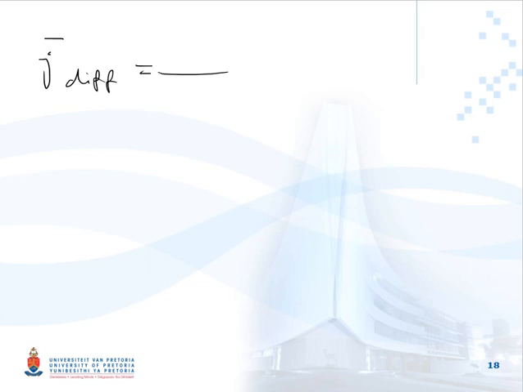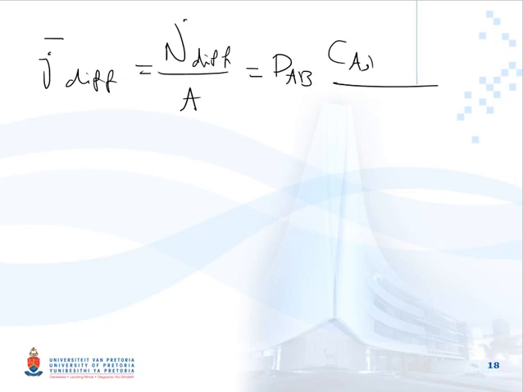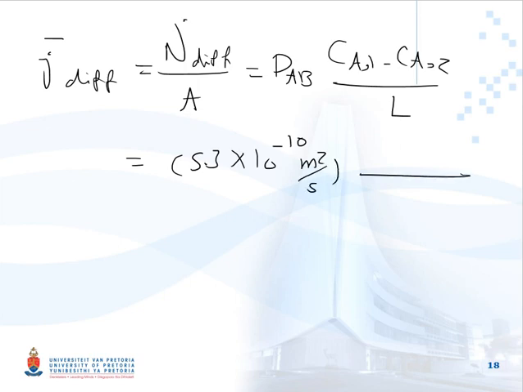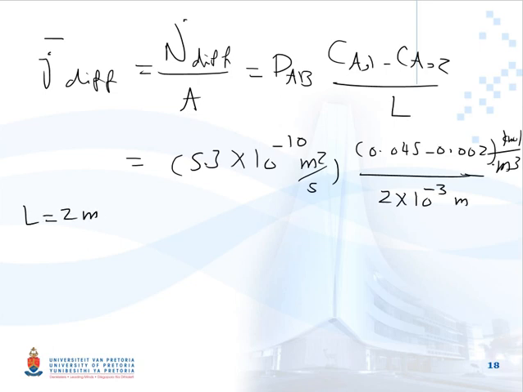The flux J diffusion is equal to N dot diffusion divided by A, which is equal to D_AB (C_A1 minus C_A2) divided by L. So then we have 5.3 times 10 to the power of minus 10, times (0.045 minus 0.002) kilomole per cubic meter, divided by L. First we are speaking about part A, where L is 2 millimeter.